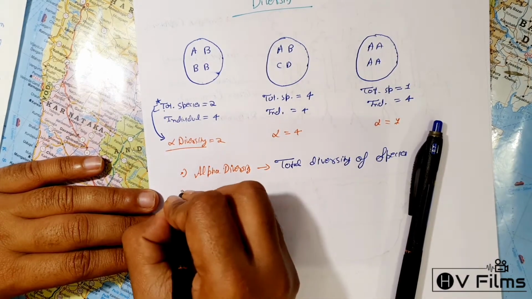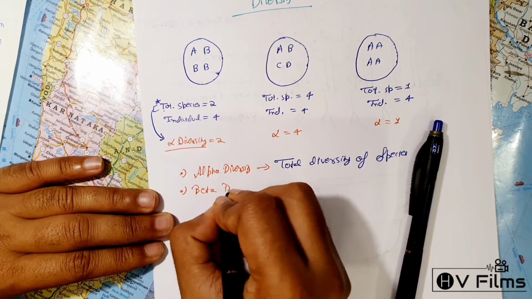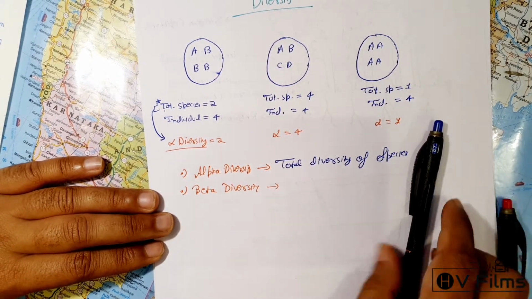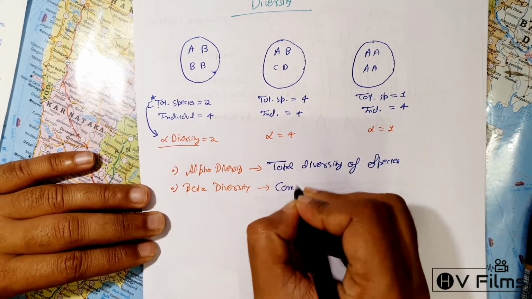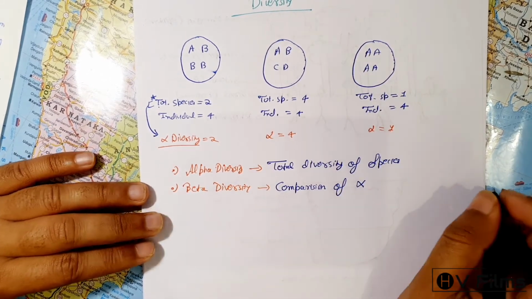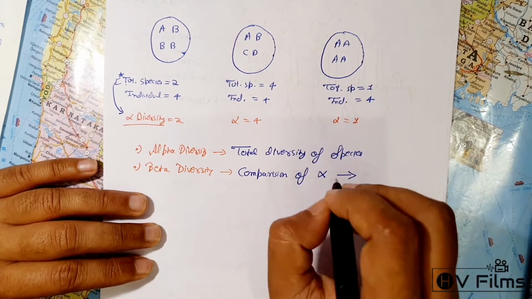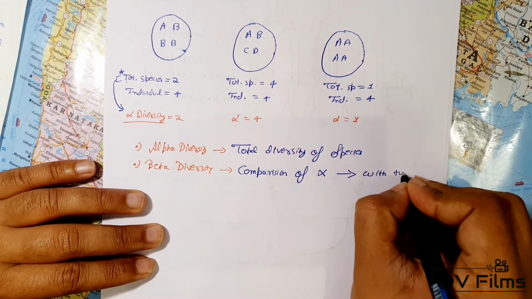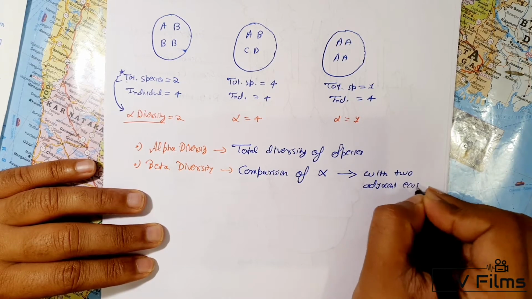Another concept is what we call beta diversity. Beta diversity is basically a comparison of alpha diversity with two adjacent ecosystems.